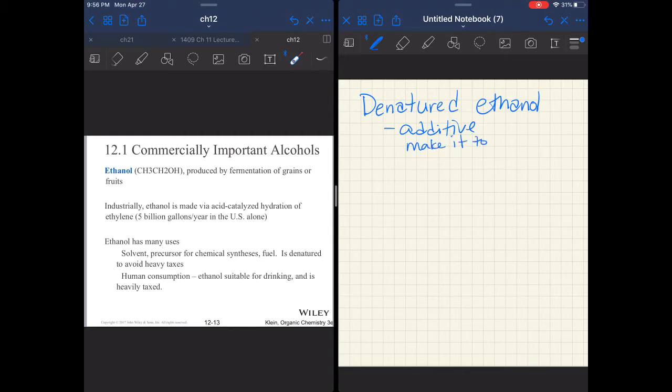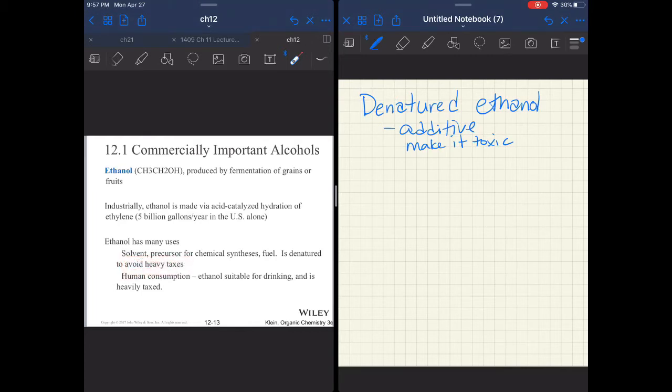So if you went into the lab and you drank the ethanol in the lab, there would be something added to it, like kerosene or methanol or a couple of other things that could be added that make it not fit for human consumption. That allows us to purchase ethanol for synthesis or for lab or for solvents, avoiding taxes.